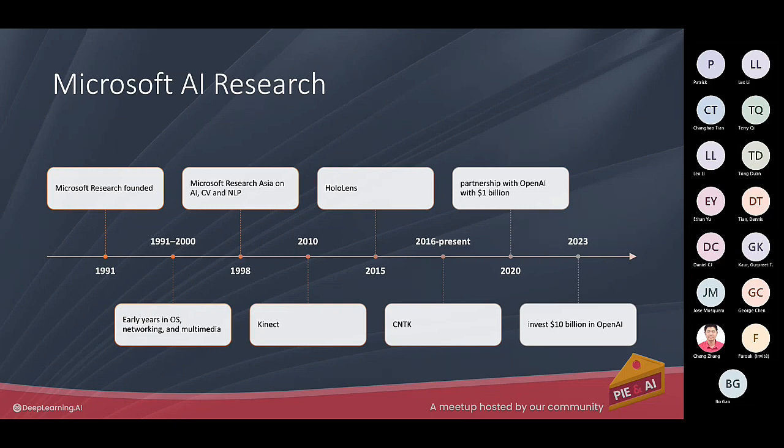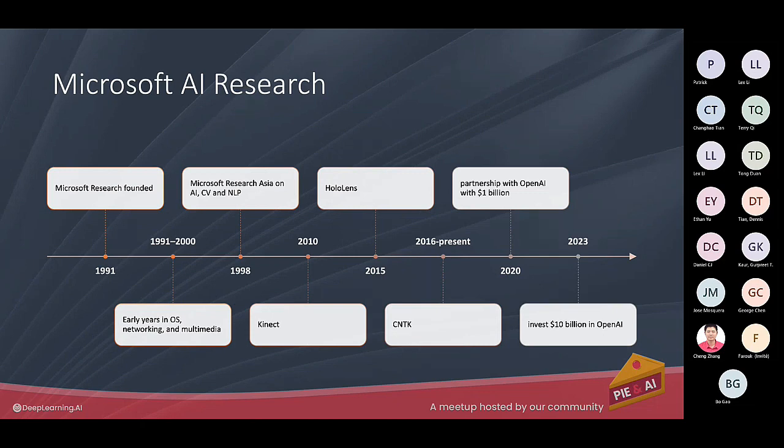Initially, in the first decade, Microsoft Research focused a lot on basic operating system technology, networking protocols, and multimedia encoders. That was a lot of innovation at that time. And since 1998, when Microsoft opened its research center in China, Microsoft Research Asia, it started to dive into the fields of artificial intelligence, computer vision, and natural language processing.